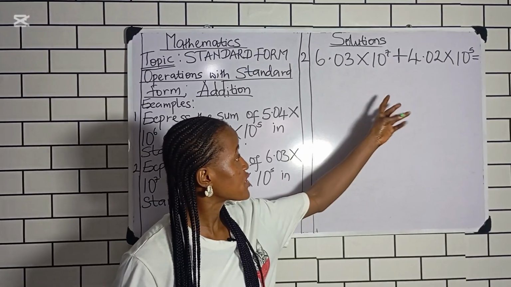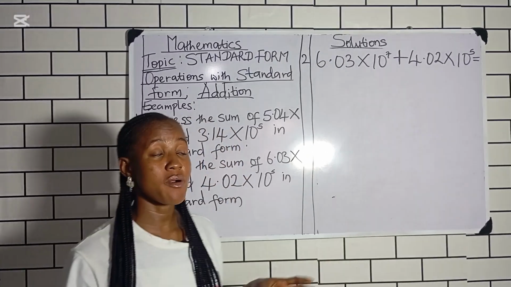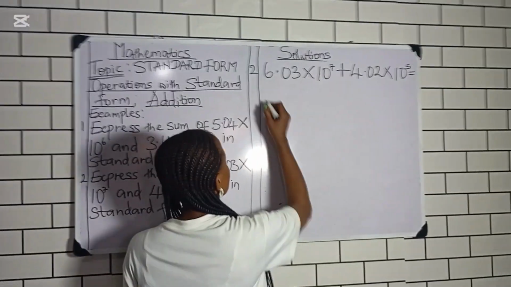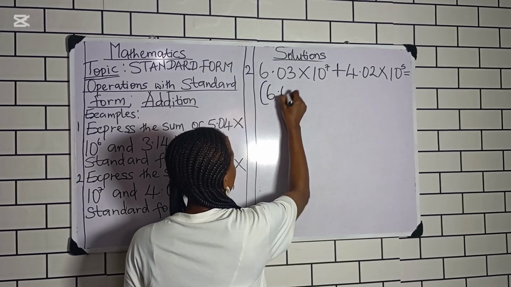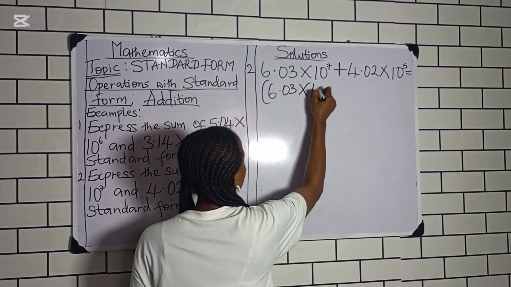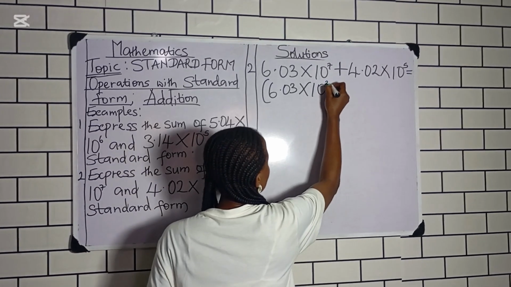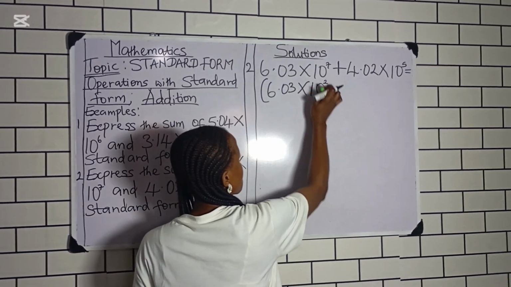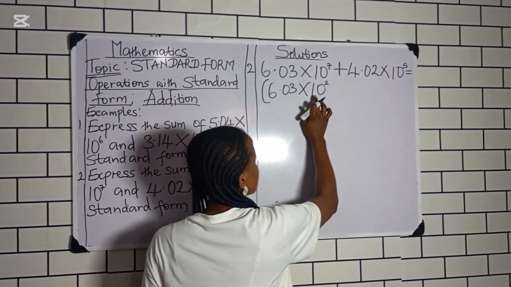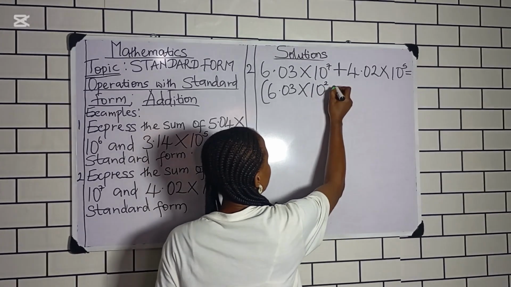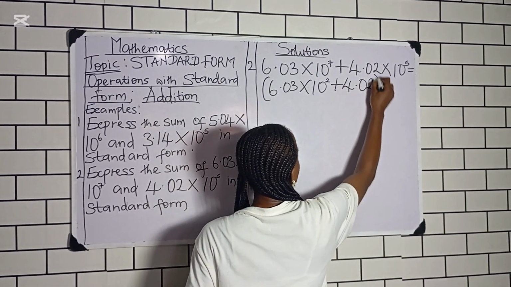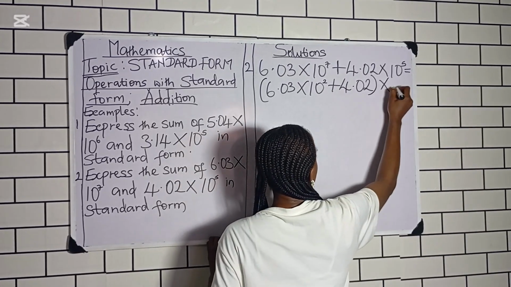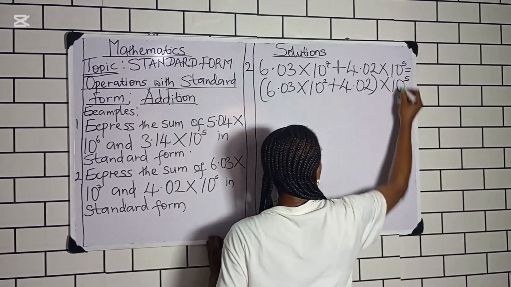And the least power of 10 here is 10 raised to power 5. Now we're going to factor out 10 raised to power 5. Now we have 6.03 times 10 raised to power 2, because if you factor out 10 raised to power 5 from here, it will remain 10 raised to power 2, plus 4.02, in brackets, times 10 raised to power 5.